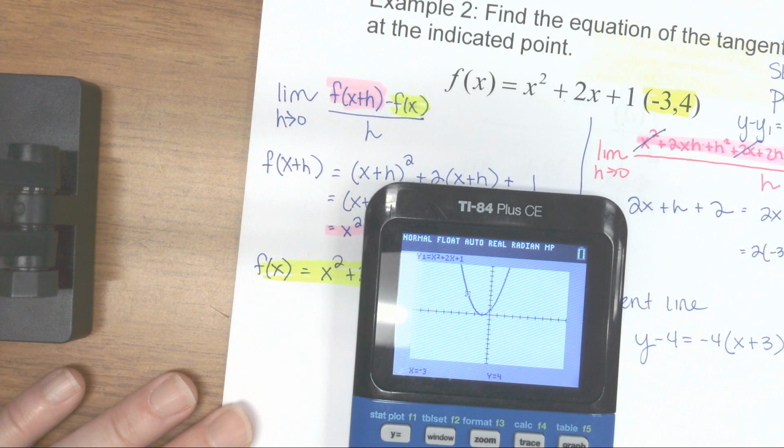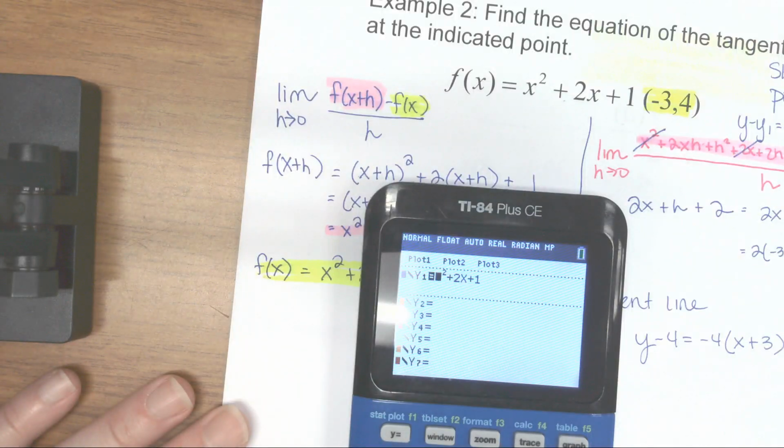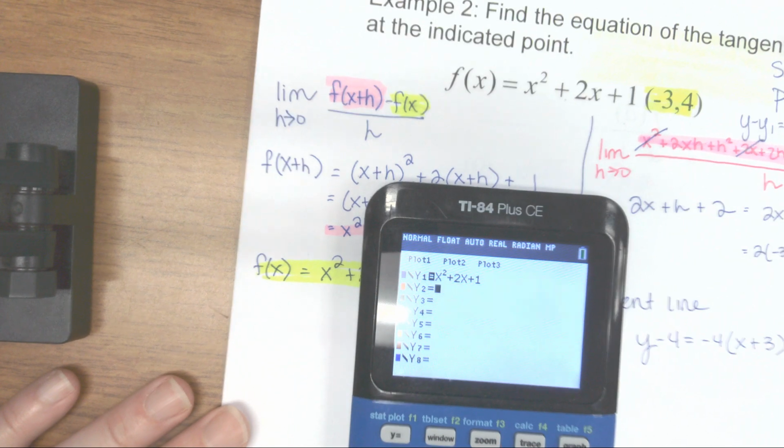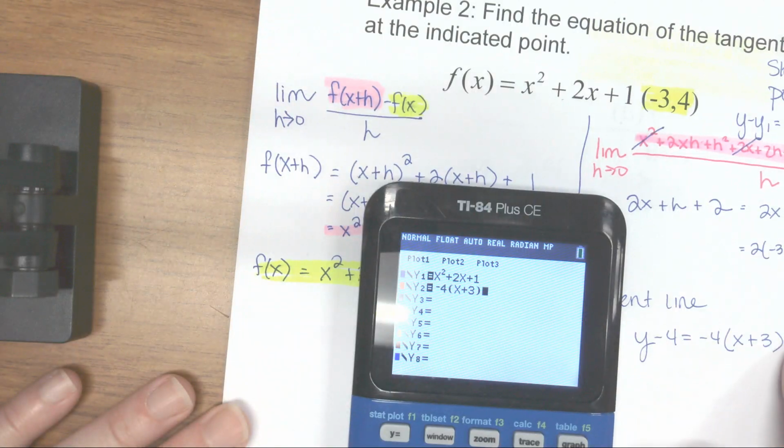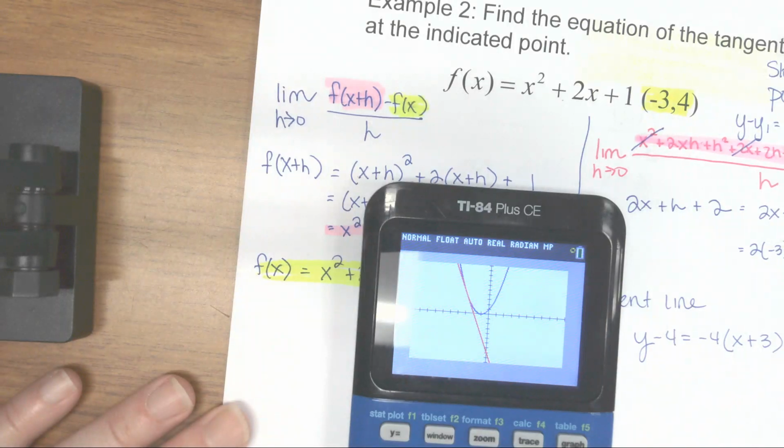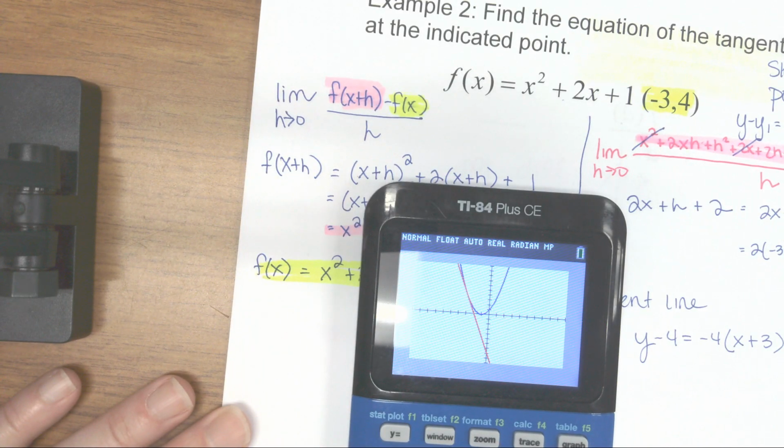So do you see it right there? Yeah? I just found the line that's the tangent to that. So if I were to put it in another y equals, I'm going to just put -4 times x plus 3, and I'm going to just move that 4 to the other side. I just found the line that's tangential.